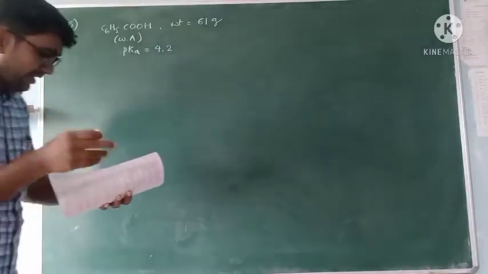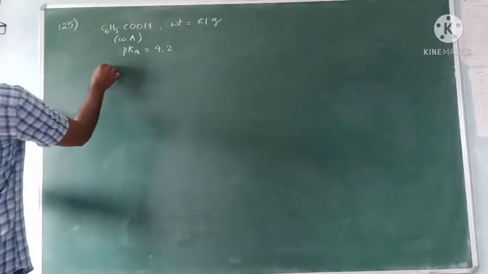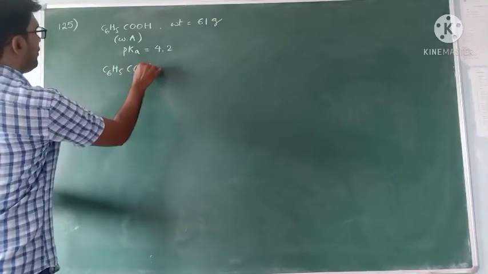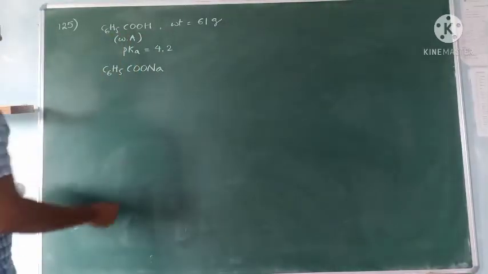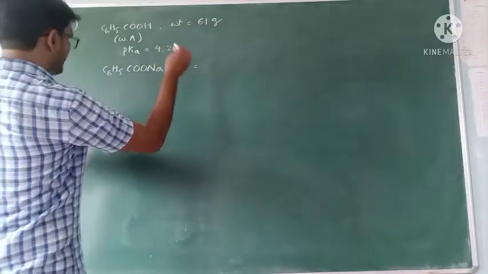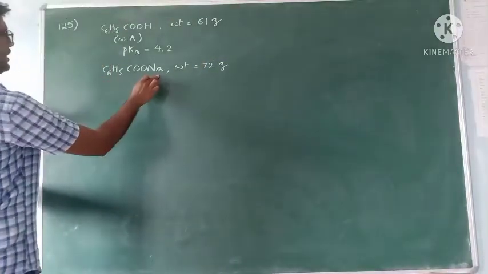And this is with 72 grams of sodium benzoate. Sodium benzoate means C6H5COONa. Sodium benzoate weight is given, 72 grams. Sir, what is sodium benzoate, sir?